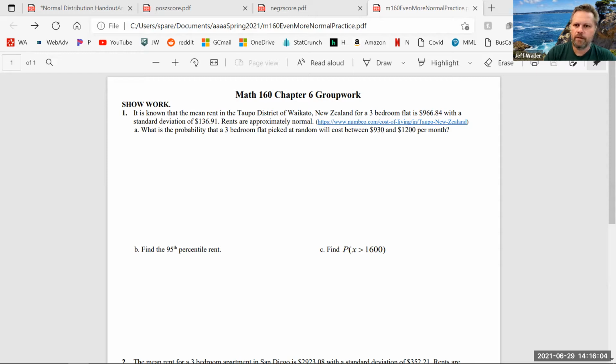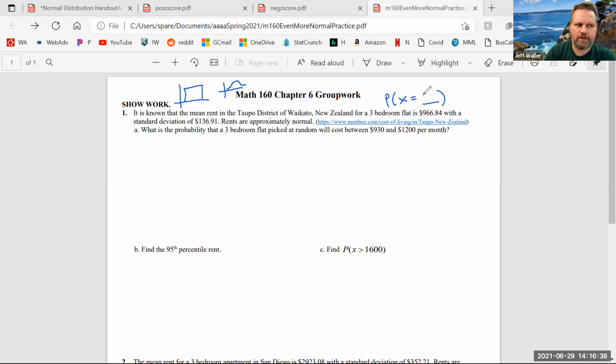So real quick, do you guys remember, for any continuous distribution, what's the probability x equals something? Here's a continuous distribution. What's the probability equal to? It's the area of something, right?